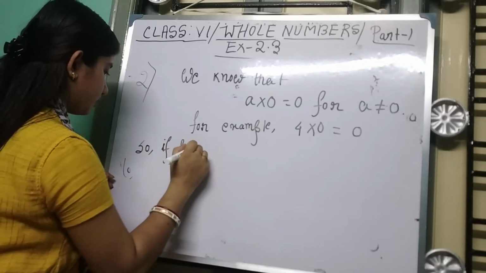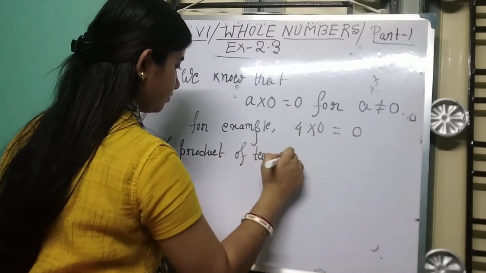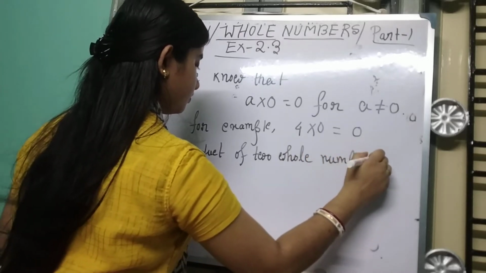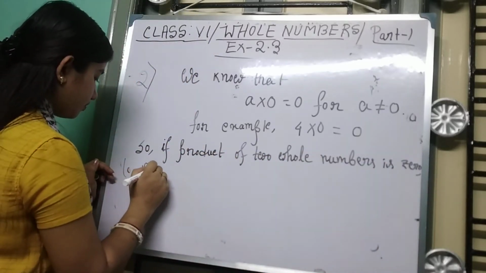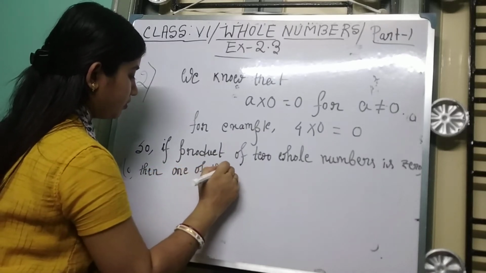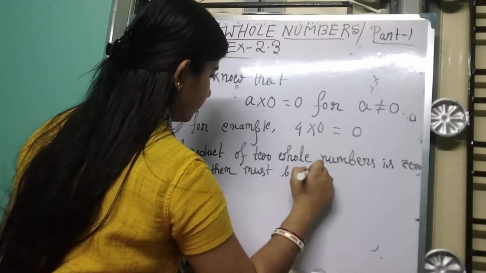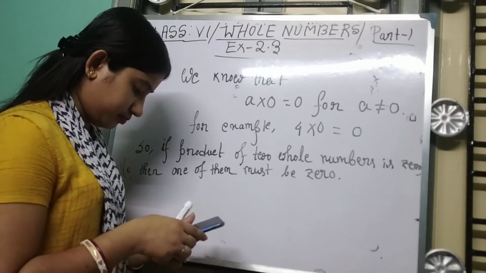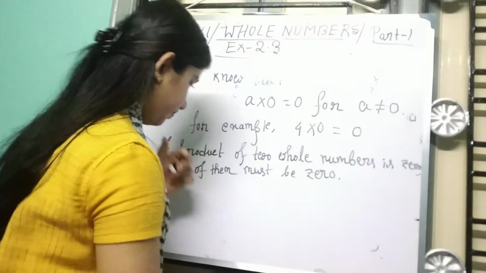If the product of two whole numbers is 0, then one of them must be 0. And next, both of them may be 0.